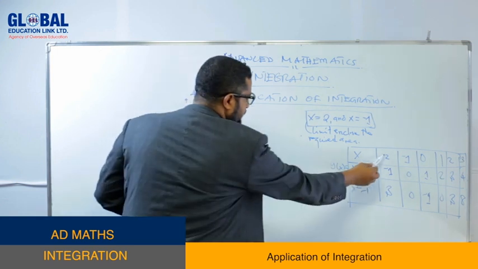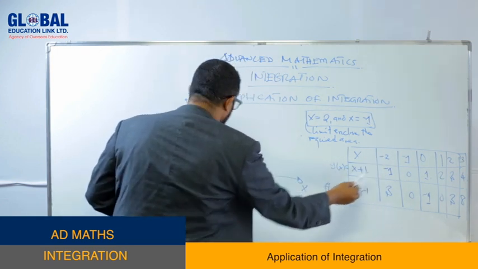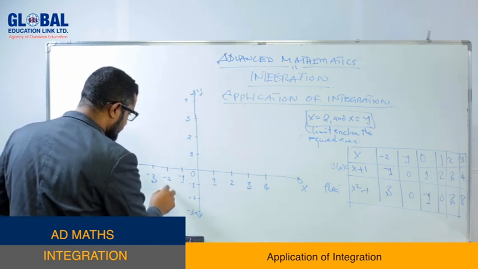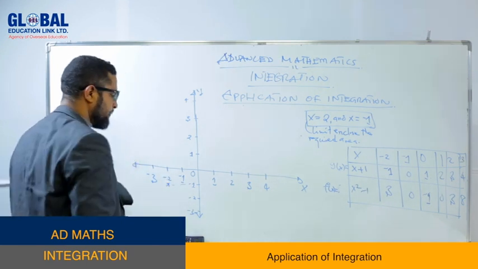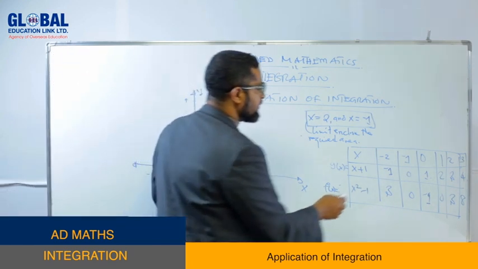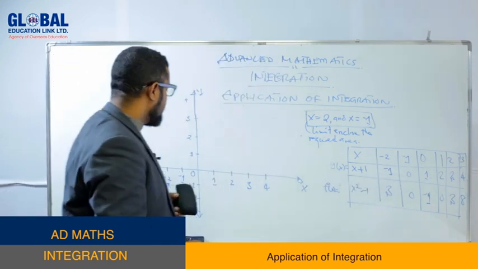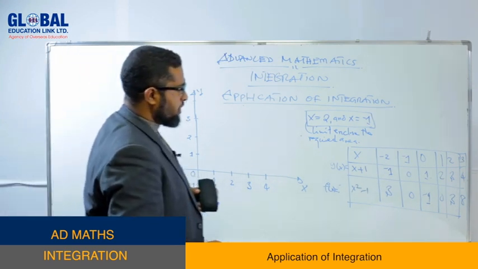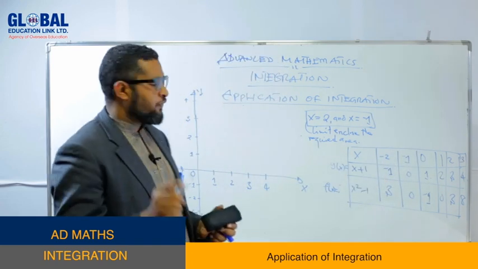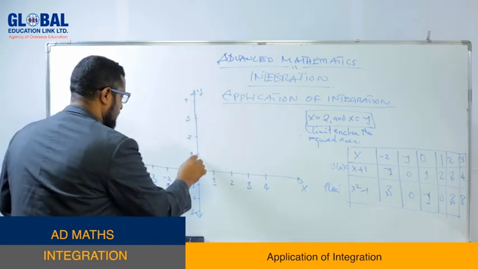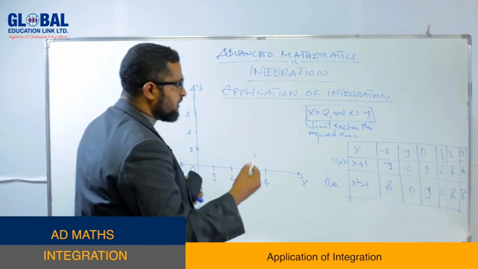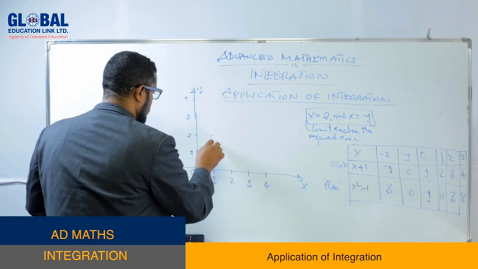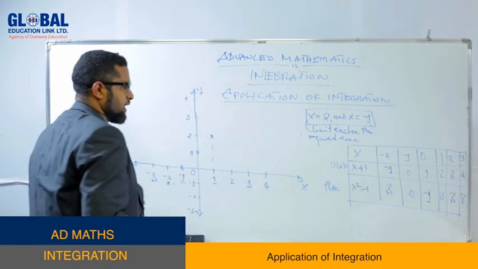When x is equal to negative 2, our g of x is negative 1. So we have a point here. Again, when x is equal to negative 1, g of x is equal to 0. That is the point. When x is equal to 0, our g of x is equal to 1. We have it over there. When x is equal to 1, our g of x is 2, like that one.